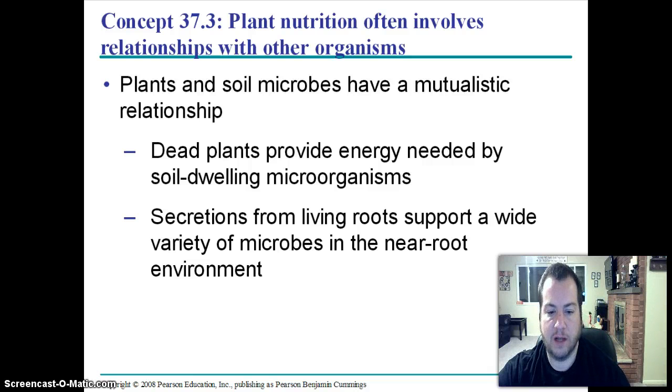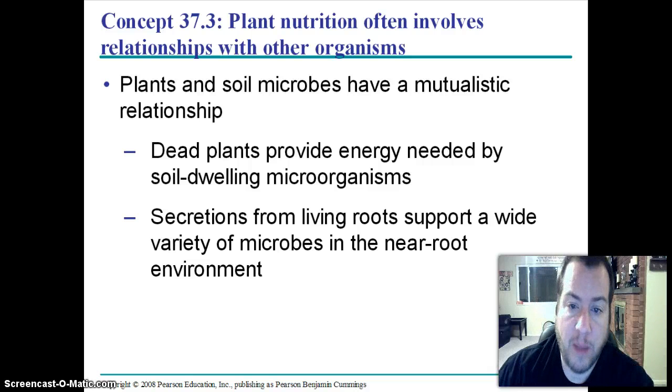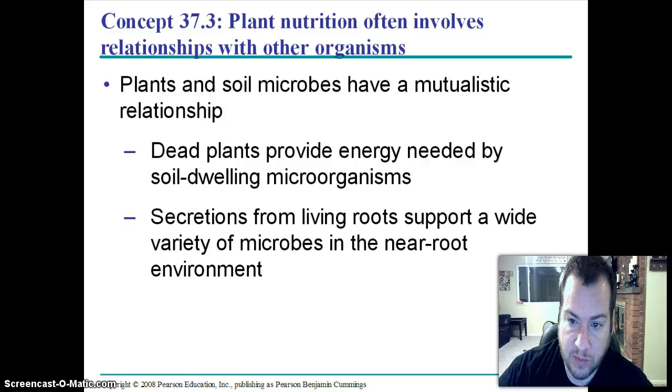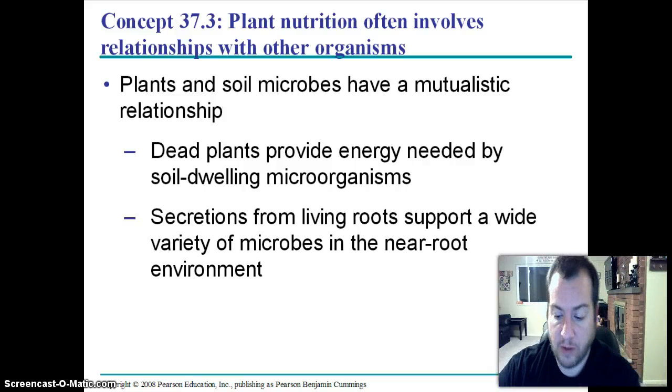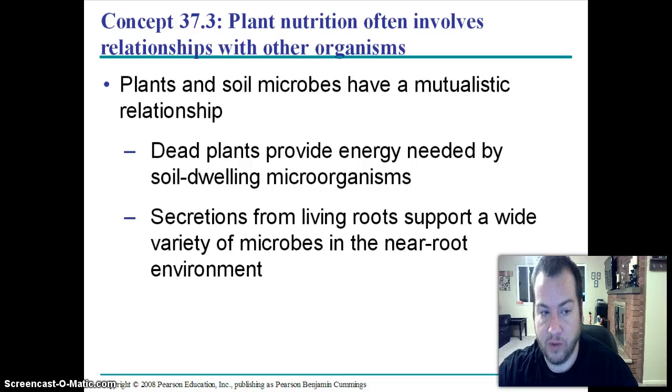Okay, the last concept I think for this part is that plants depend on other organisms, not sometimes, but all the time, to free up nutrients available for them.